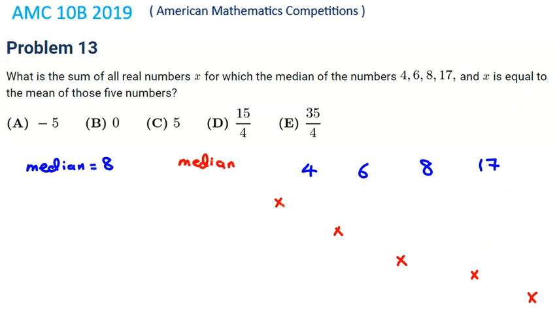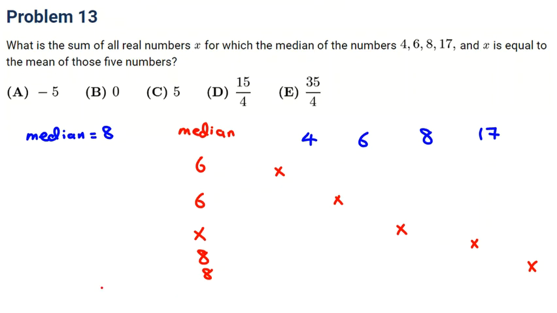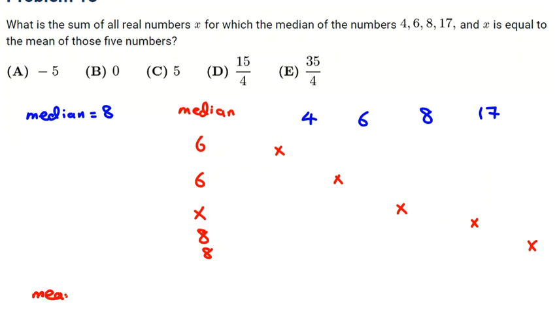If it is here, the median is 6. If it is here, the median is 6 again. If it is here, the median is x. If it is here, the median is 8. If it is here, the median is 8 again. Now, the mean is always the same.